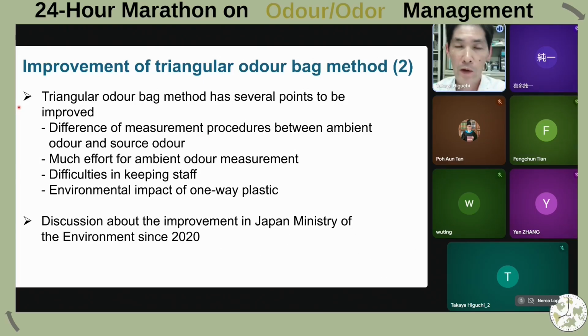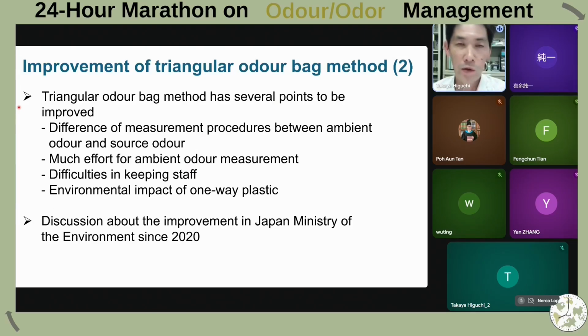Among the 5 odor bags, 3 odor bags contain odor-free air, and 2 odor bags contain sample air. Then a panel member should choose 2 odor bags among the 5 odor bags. This is the 5-2 method. By using this method, we can obtain more reliable measurement results.